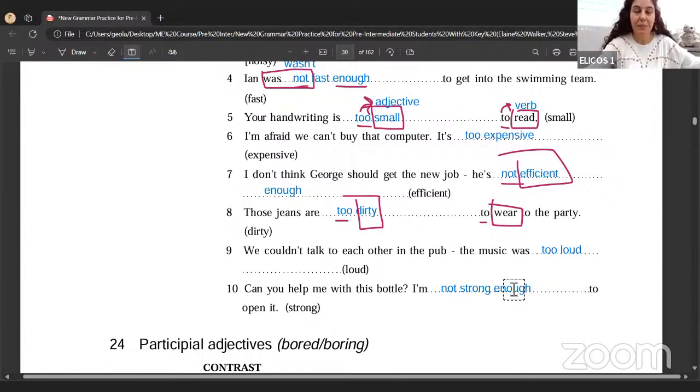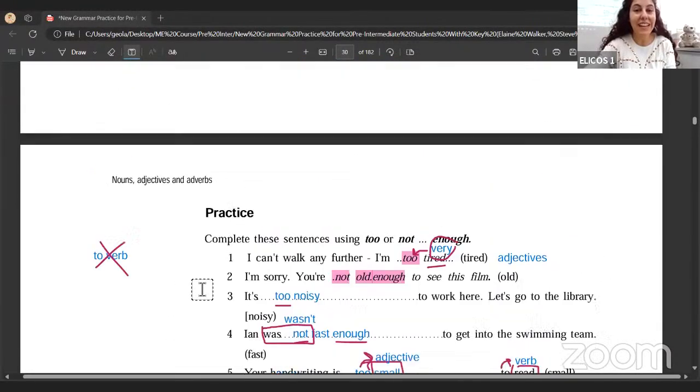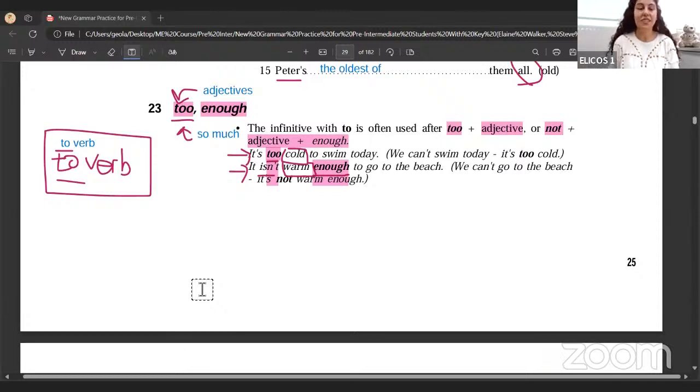Compared to many other people, maybe someone else is stronger. I'm not strong compared to someone else. Okay, so this was just another way to compare. Again, it's using the words like too and enough. It's just another way to compare using our adjectives.